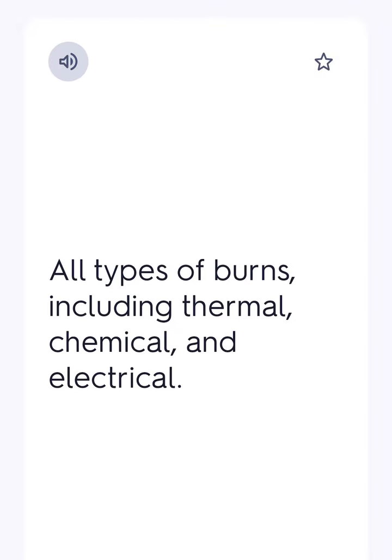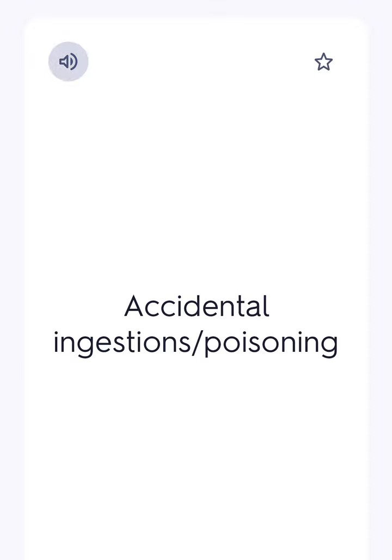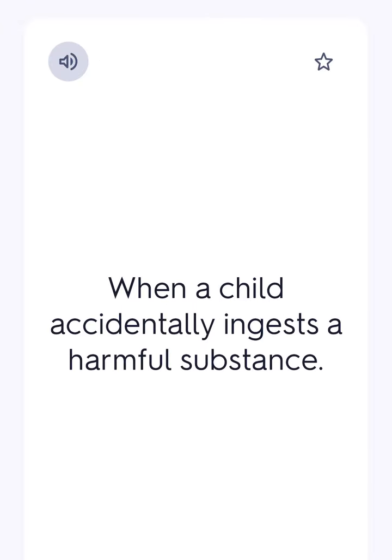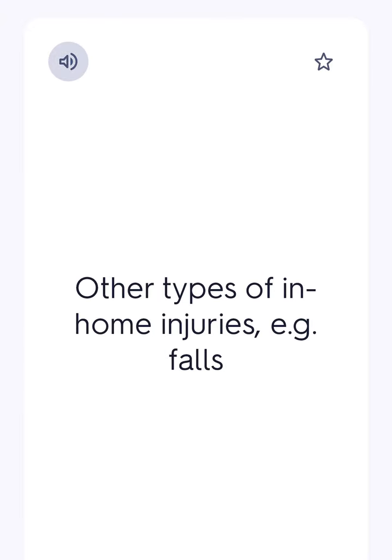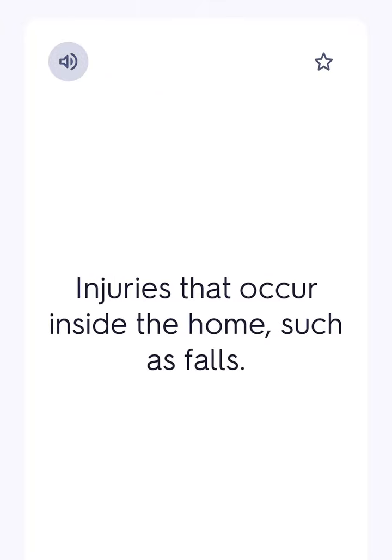All types of burns, including thermal, chemical, and electrical. Accidental ingestion/poisoning. When a child accidentally ingests a harmful substance. Other types of in-home injuries, for example falls. Injuries that occur inside the home, such as falls.